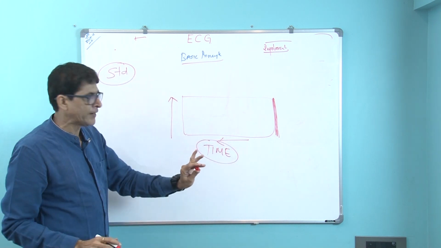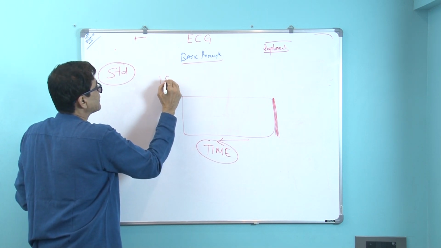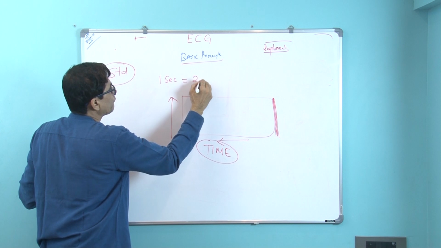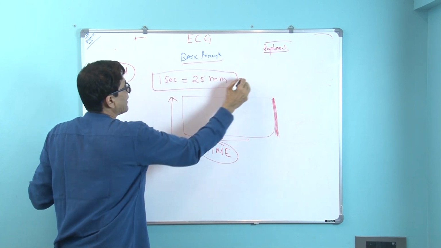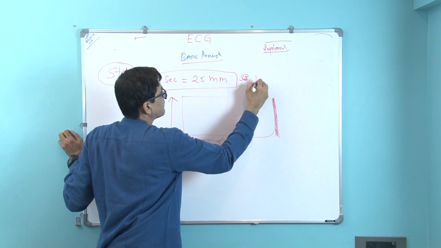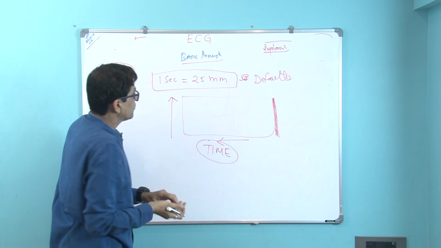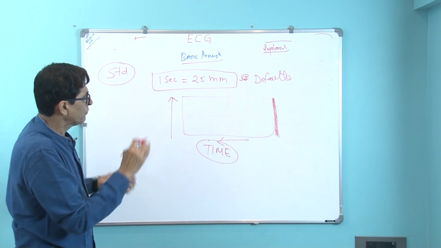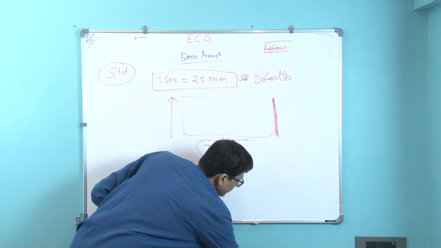So what is the default time? Default time is 1 second equal to 25 millimeter. Here also we can make a change. Suppose this is a 1 second strip.